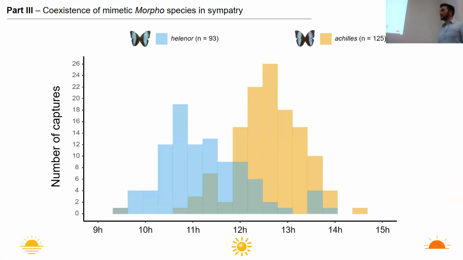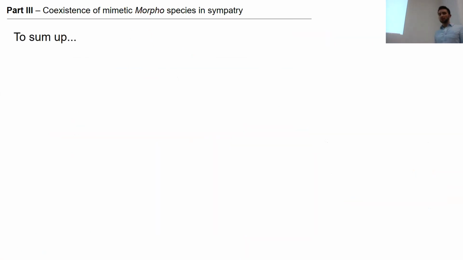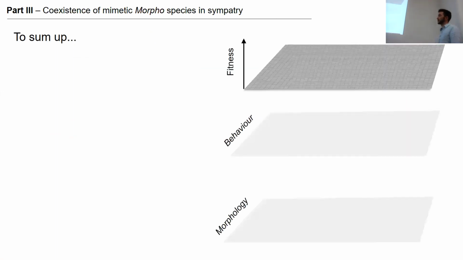So even if we created interspecific encounters using the dummy butterflies, these interspecific encounters may be relatively limited in the wild due to the temporal segregation. But to sum up on the mechanisms enabling coexistence between these two understory species, I come back once again to my diagram linking morphology, behavior, and fitness.